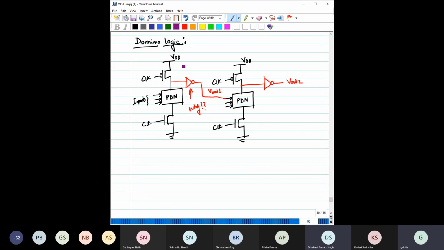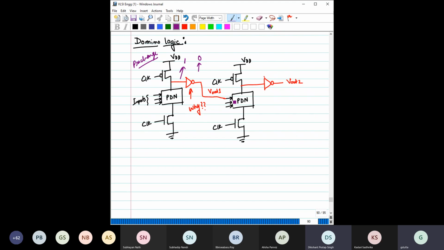So what will happen? During pre-charge, this node will become 1. Now we have an inverter, so this will become 0, right? This is the pull down network.